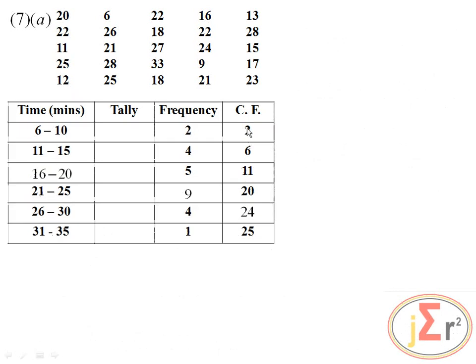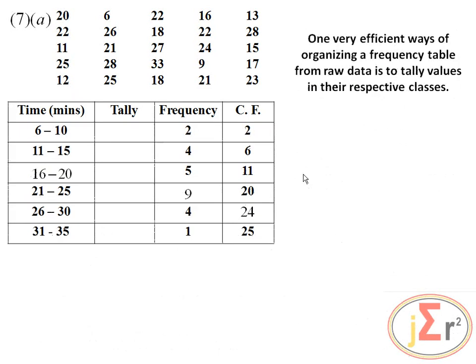Tally. One very efficient way of organizing a frequency table from raw data is to tally values in their respective classes. 6 to 10, 22. 21 to 25, 16. 16 to 20, 13. 11 to 15, 22. 21 to 25, 26. 26 to 30, 18.